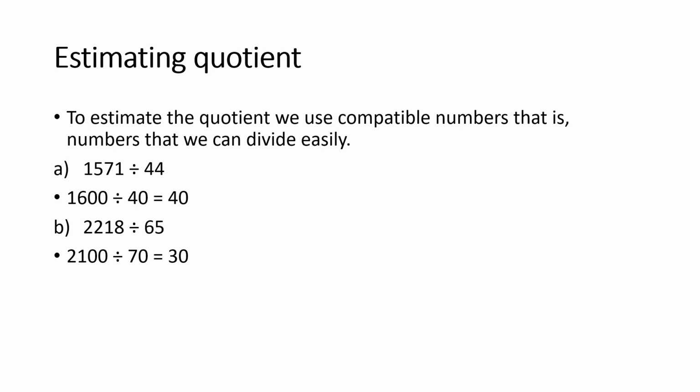So we will use compatible numbers for estimating quotient, and 2100 divided by 70 equals 30. Take one more example. 7242 divided by 85. At first this 85 will be rounded off and it will be 90, right? And according to 90, the compatible number will be 7200, because 7200 is fully divisible by 90. So 7200 divided by 90 equals 80. So it is the estimating quotient and it is very easy.